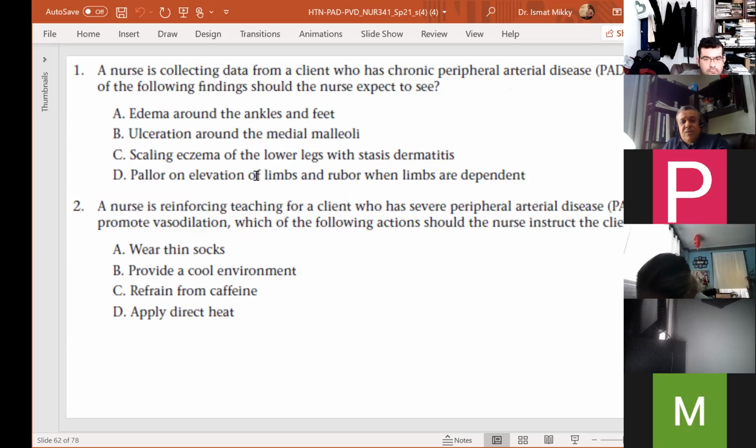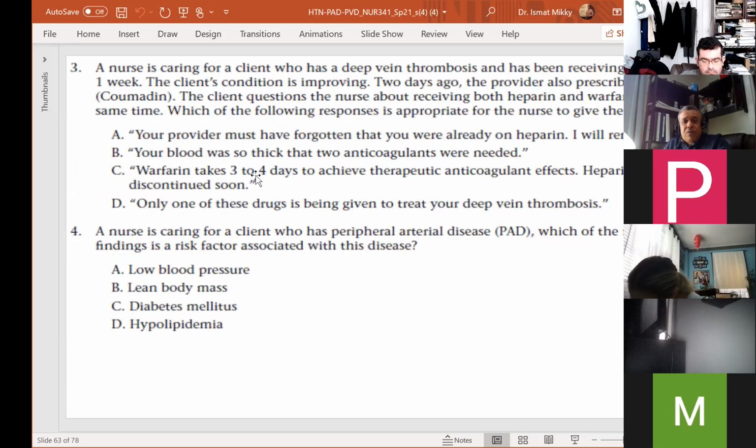The answer to the first one is D, pallor on elevation of limb. And for 2 is refrain from caffeine, C. For 3, very important question, a significant concept behind question number 3. Make sure that you understand the concept behind it, which is the time it takes.